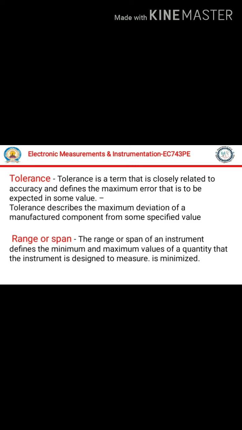Just now we saw one example, the weighing machine. The minimum weight which you can measure with that electronic weighing machine is 0.001 gram. What is the maximum weight which you can measure? 9.999. So the maximum value and minimum value are both known to us, and you can measure these two clearly with this instrument.